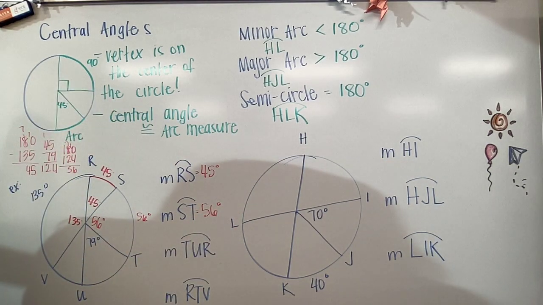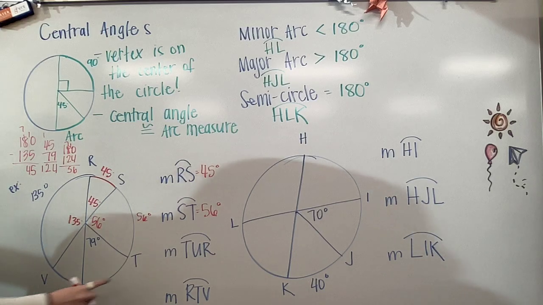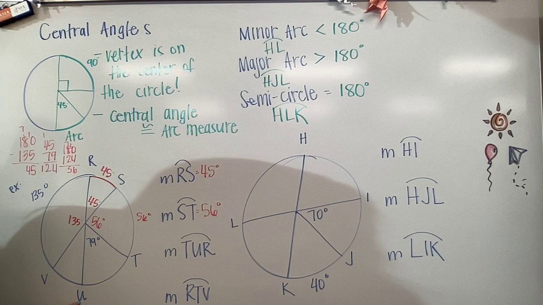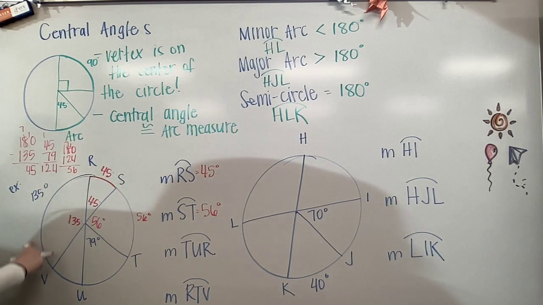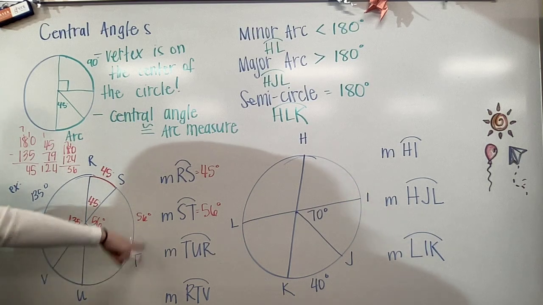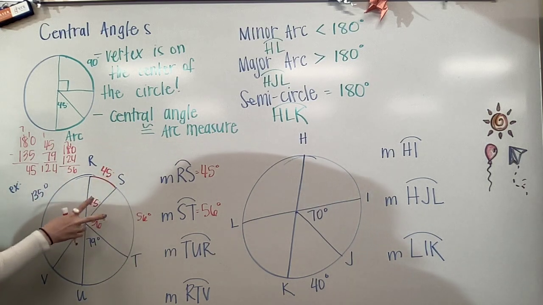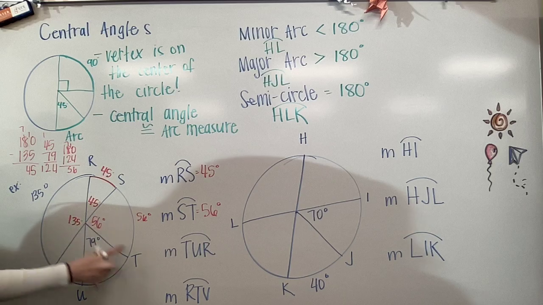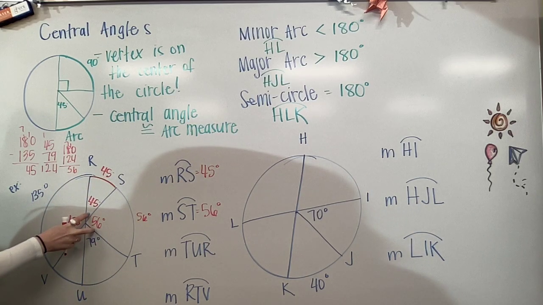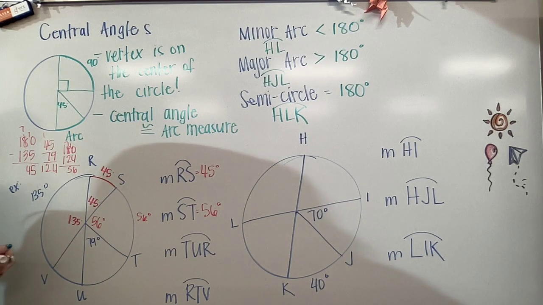All right. Now we have most of these labeled. We can figure out TUR. So start at T, pass through U, end at R. So we're going to use all of this. The cool thing is we know a full circle is 360, and we know these two measures. So we're using everything but these two angles, so we could subtract that from 360.